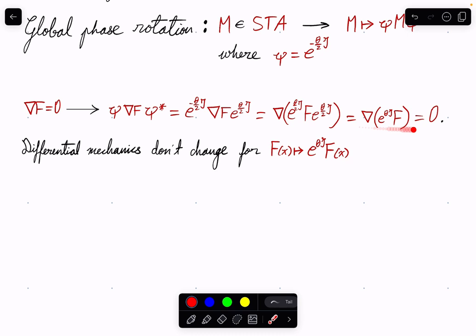So this proves that even when you map from F to a global phase times F, the differential is the same, which means it wouldn't affect the mechanics of the field. So the behavior under the gradient is unchanged. The behavior of this field is unchanged.